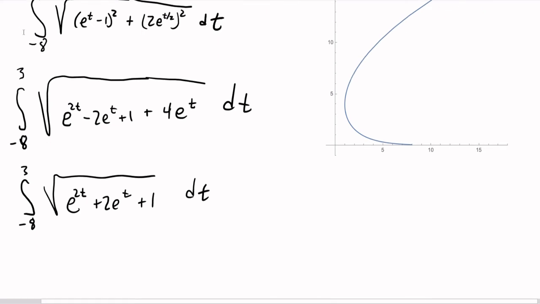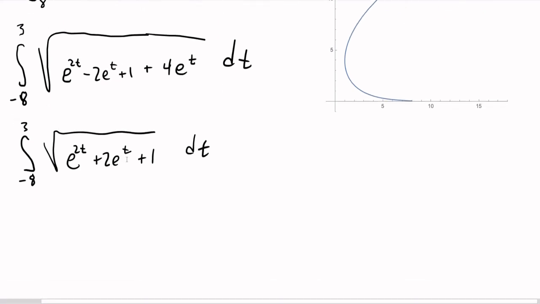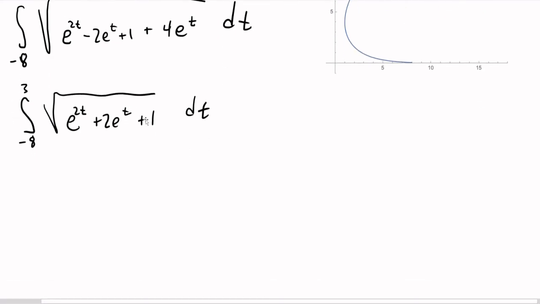Now, you might be looking at this thinking, okay, I'm just going to stop because I don't know what to do. But don't do that. I'm not going to give you a problem that you can't maneuver some way into something we know how to do. This is something you may have seen before, maybe not, but this is actually quadratic.